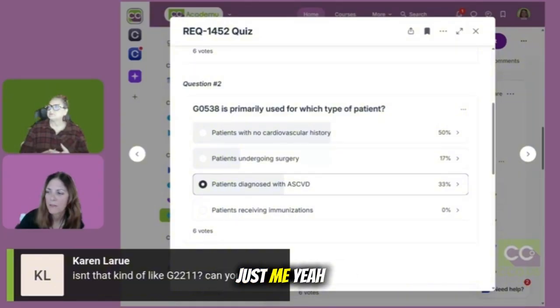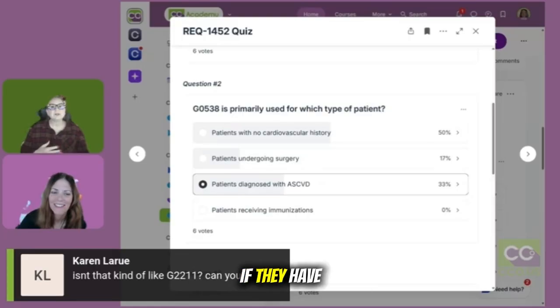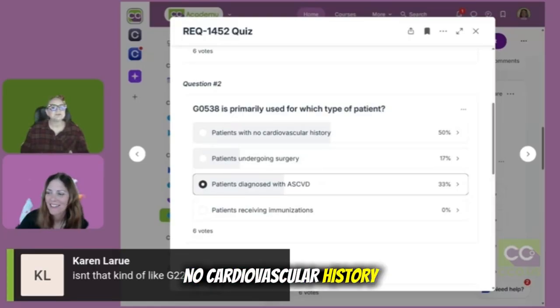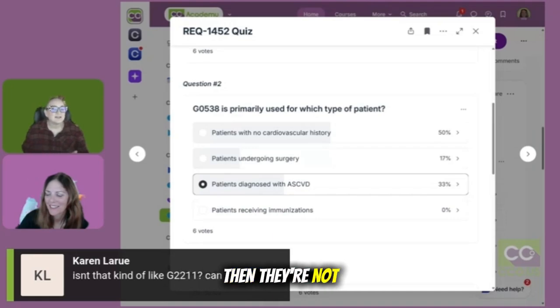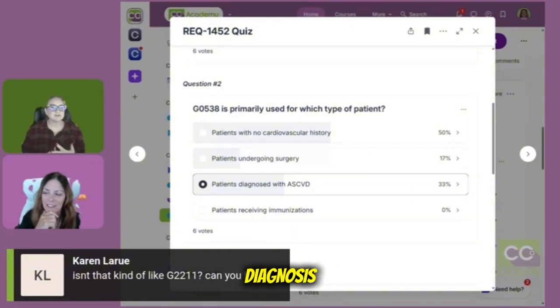And a patient with no cardiovascular history is not a candidate to monitor, right? Because they have none of the ongoing hypertension, smoking cessation, or any of those diagnoses. So why would you be monitoring them for that?